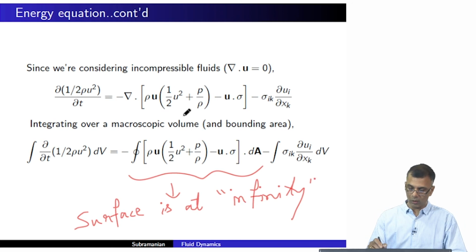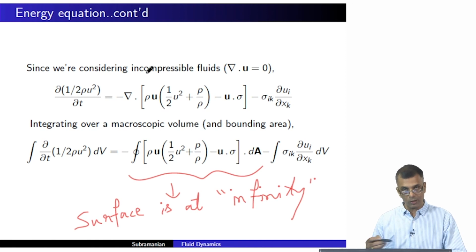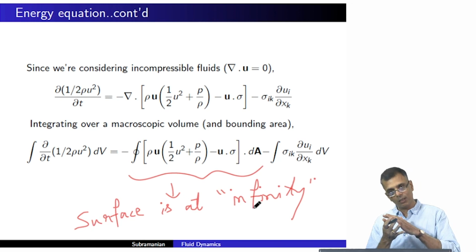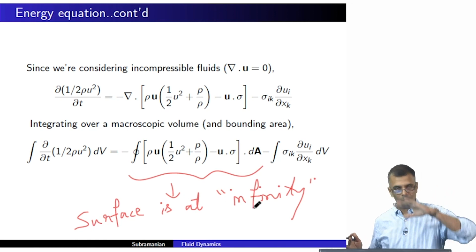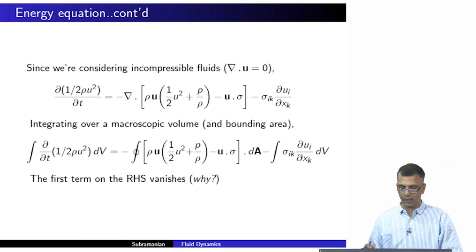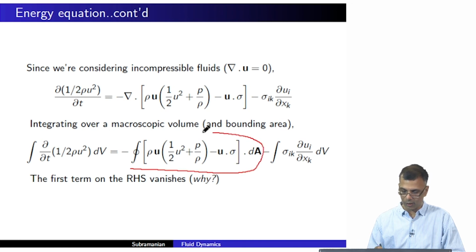In going from here to here, you take a volume integral of this term and use Gauss's divergence theorem to turn it into a surface integral. This other term we keep as a volume integral, and we're going to do something clever with it. That's also why I emphasize that in this surface integral, I'm integrating over the entire fluid, and the bounding surface I take to be at infinity. As a consequence, I am allowed to throw this entire thing away.